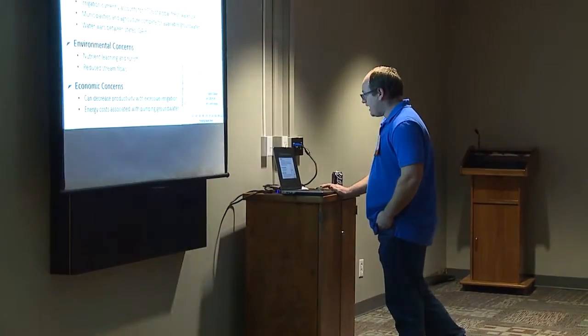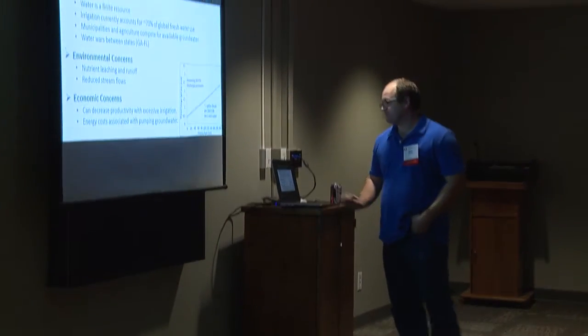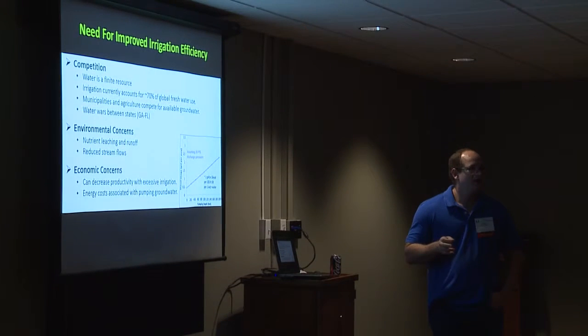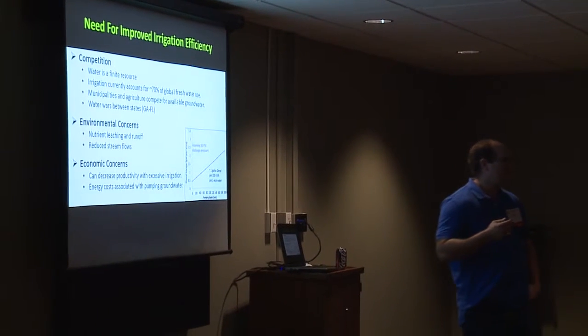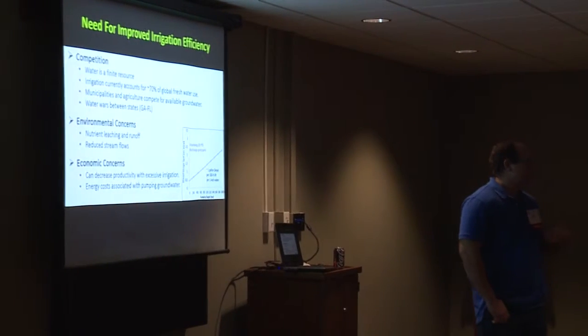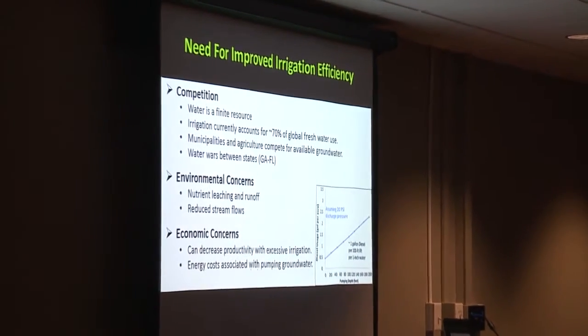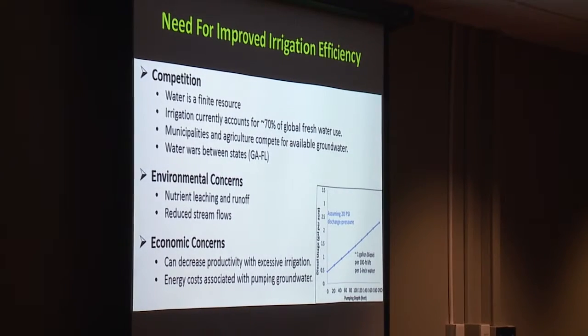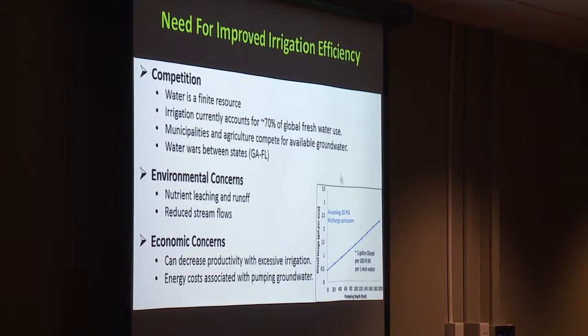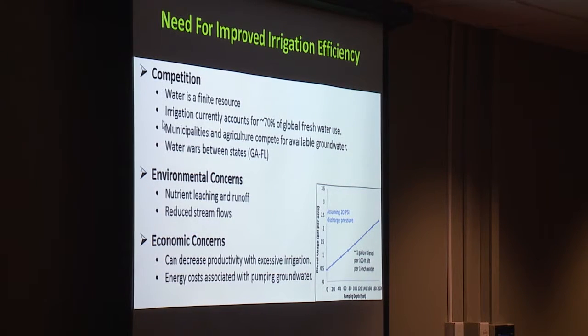So my efforts over the past few years have really been aimed at looking at ways that we can improve our water use efficiency. We know drought negatively impacts yield in cotton, but we also know that if we apply excessive amounts of water, there's a lot of discussion about competition for water resources.